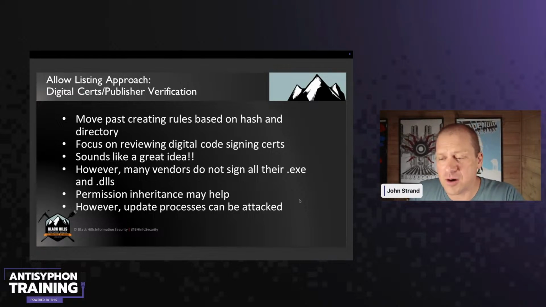Otherwise, hellfire, brimstone, dogs and cats living together, absolute pandemonium if this doesn't execute from the downloads or the desktop or the documents directory. Not a problem, because you can take a sample executable and in AppLocker, you can create a rule for this vendor, for the specific digital certificate from this vendor, so that signature and that vendor is allowed to execute from anywhere on that computer system.